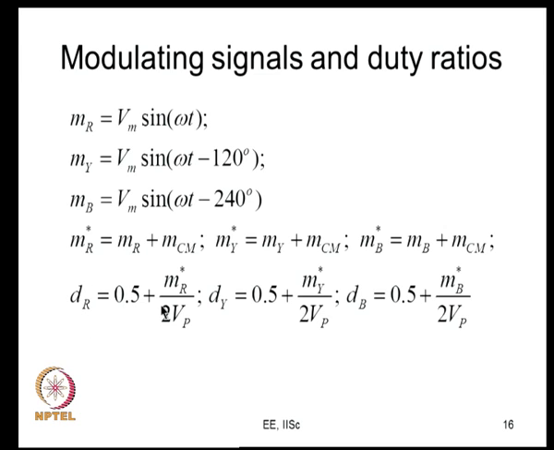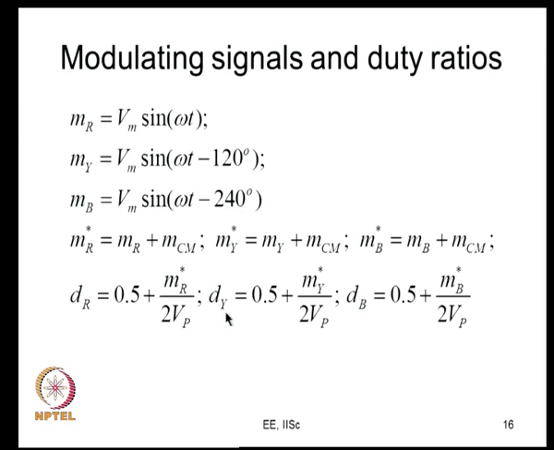What do you mean by duty ratio of R phase? We mean the fraction of the time for which the R phase top device is on to the total subcycle duration. So, if the top device is on for a duration T plus, and the bottom device is on for a duration T minus in one subcycle, then the duty ratio is T plus divided by Ts. So, this is for R phase.